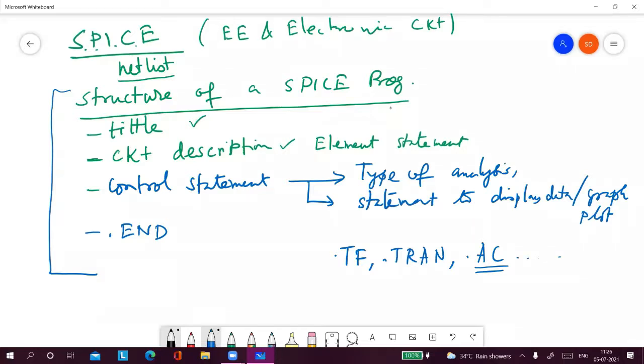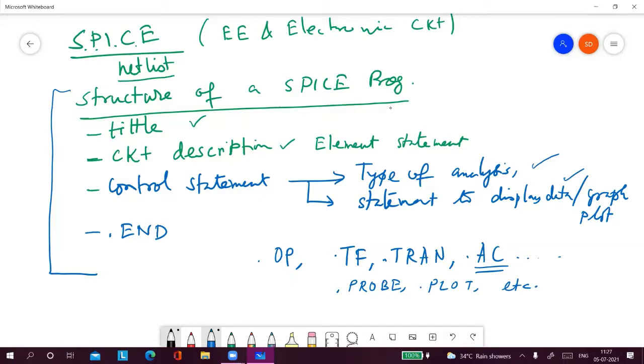Or you have many others, like the dot op statement. These are the types of analysis. Then you have to write the statement for displaying data, graph or plot. For that, the commands are dot probe, dot plot, etc. Finally, the end of the program.